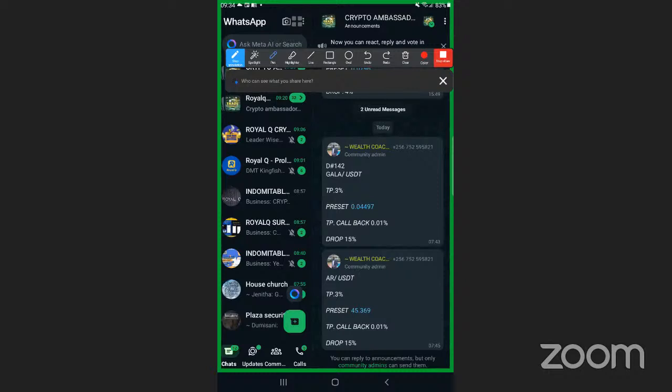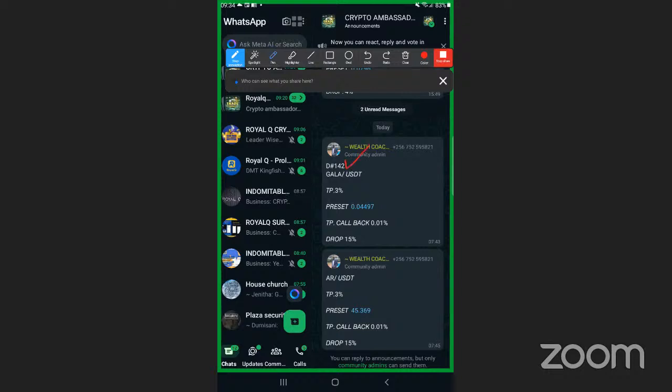I am in the community of crypto ambassadors on the WhatsApp chat where signals are dropped. This is an example of a signal. A signal has what we call a signal name.